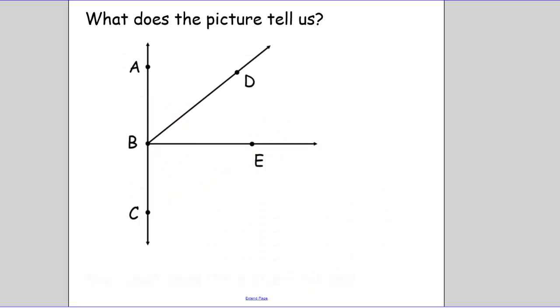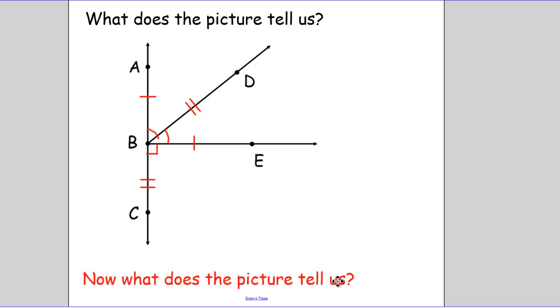Now geometry, the most important part of geometry is pictures. You cannot imply anything from a picture until it has markings on it. So right now I can't tell anything from a picture. Once I have some markings on it, now you're going to be able to tell me a few things.